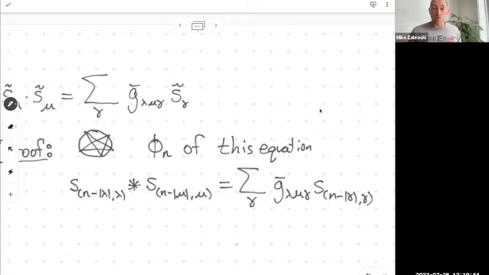And because this works for enough values of n, the original equation is a symmetric function identity.